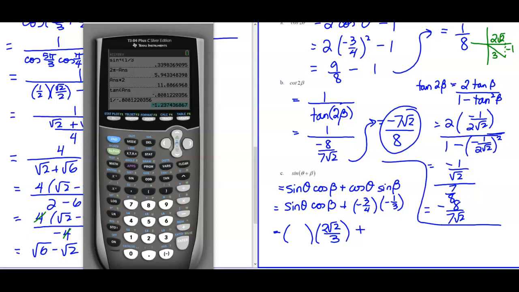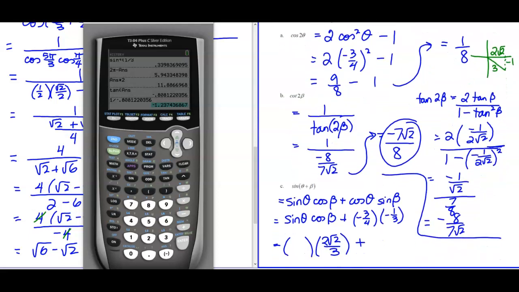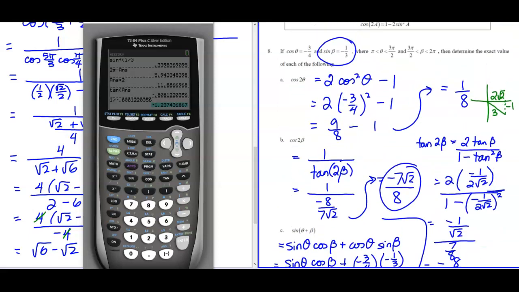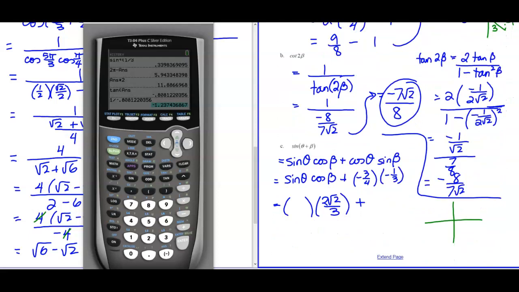So we know, given cos of theta is -3/4. And what quadrant? That was in the third quadrant. Okay, so cos was -3/4. So 16 minus 9 is 7. This would be -√7.